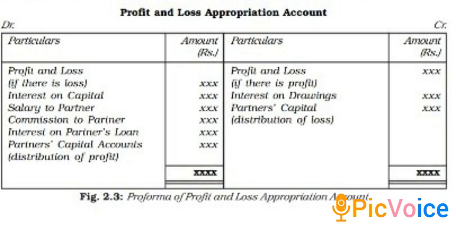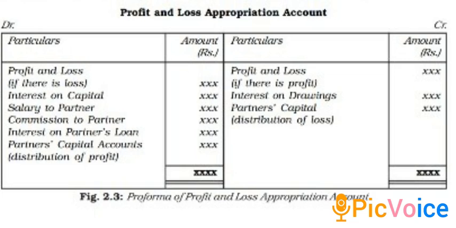But in the profit and loss appropriation account, we do the opposite. It means we think about the business. If the business gets a profit or income, we record it on the credit side, and if the business gets a loss or expenses, we record it on the debit side. Debit side always represents loss and expenses, and credit side represents income and gains.